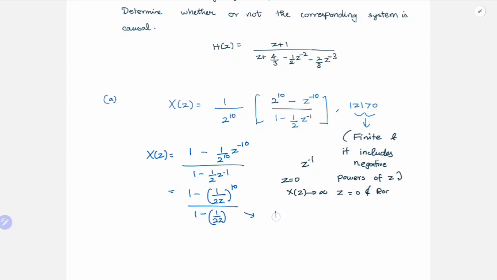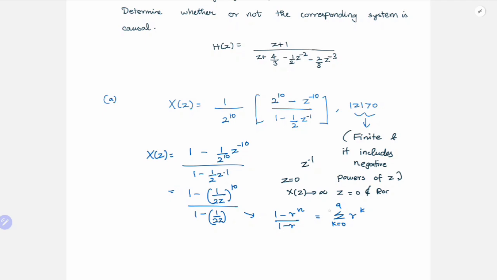So this is of the form 1 minus r power n divided by 1 minus r. Correct? This is nothing but summation r power k from k equal to 0 to 9. So your a will be 1 here, and you will have 1 minus r power n by 1 minus r.